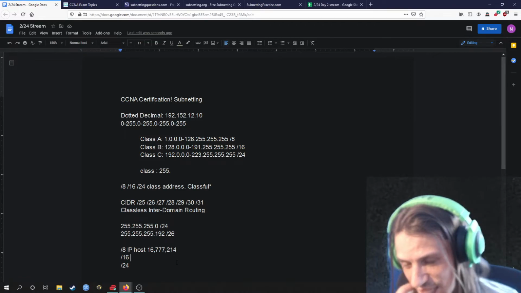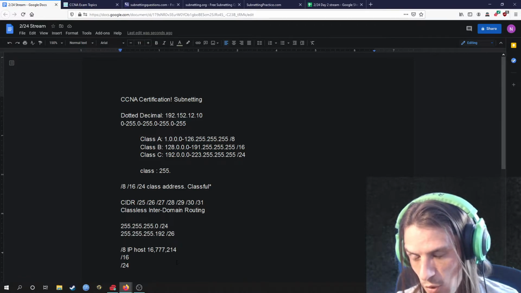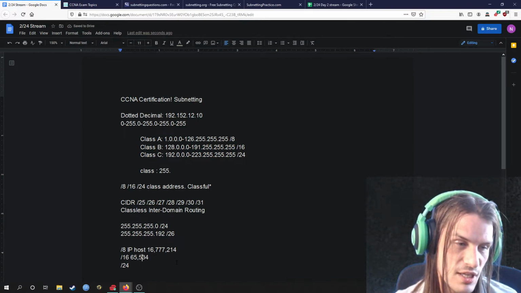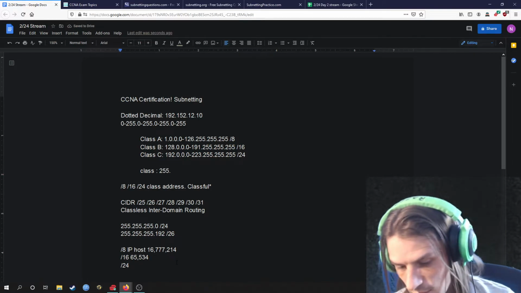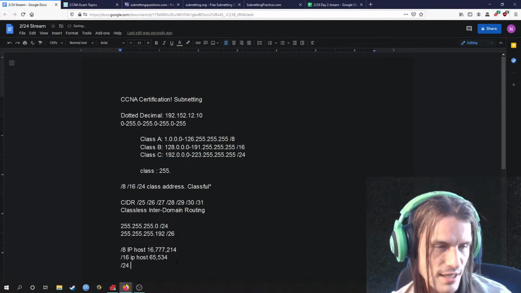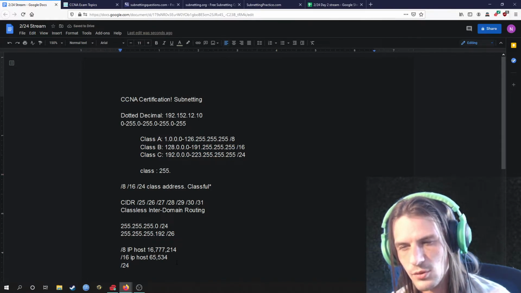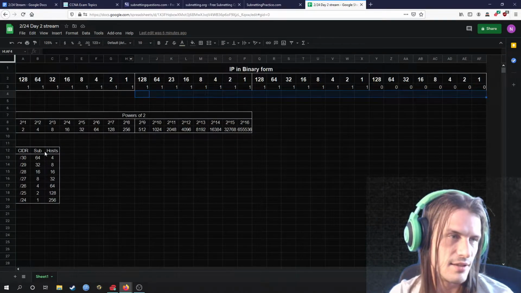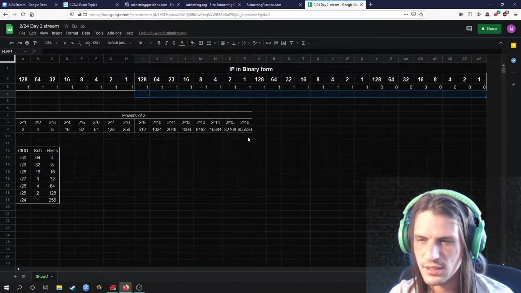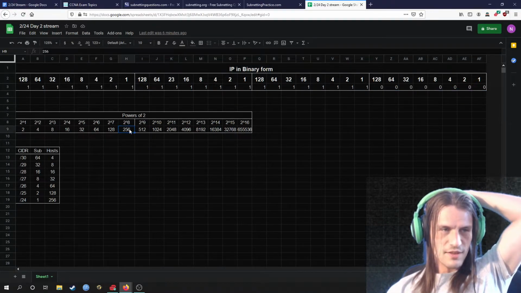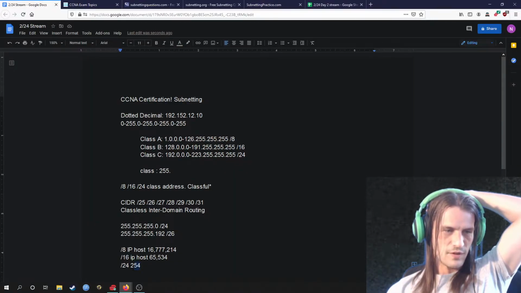Okay, so a /16 is going to leave you 16 bits for host. So that's 65,534 IPs on a /16. A /24 is going to give you 254. We can see that in this other stuff. A /24 would be 2 to the 8th. 2 to the 8th is 256, but you see I put 254.